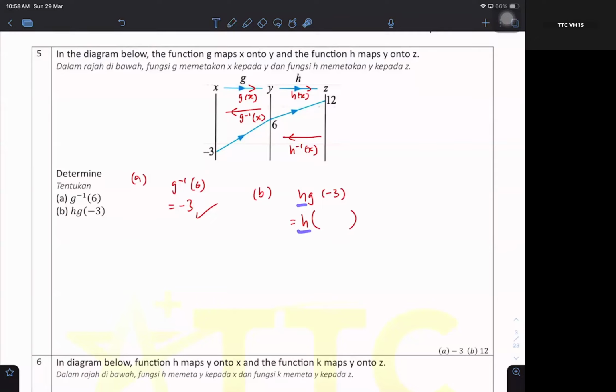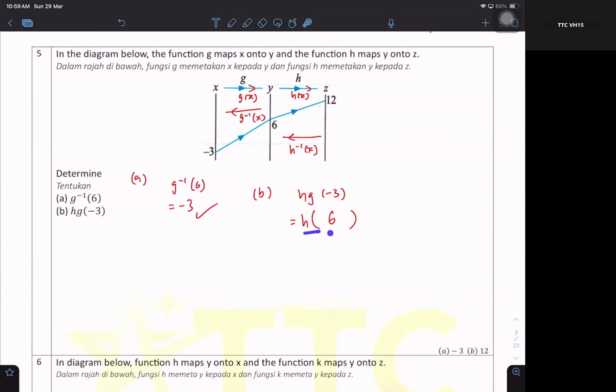You see, what is g(-3)? It means the negative 3 goes through function g. Function g is from left to middle. So negative 3 going through function g becomes 6.